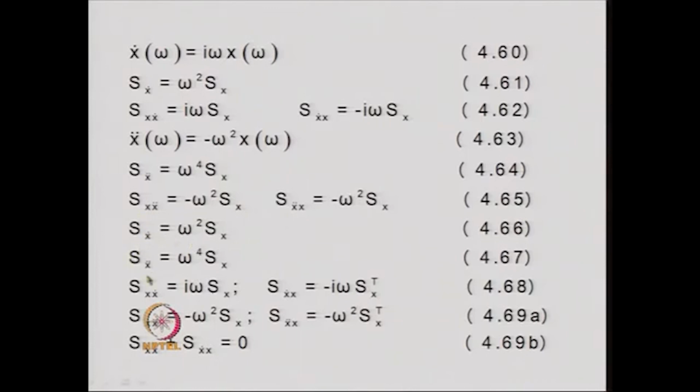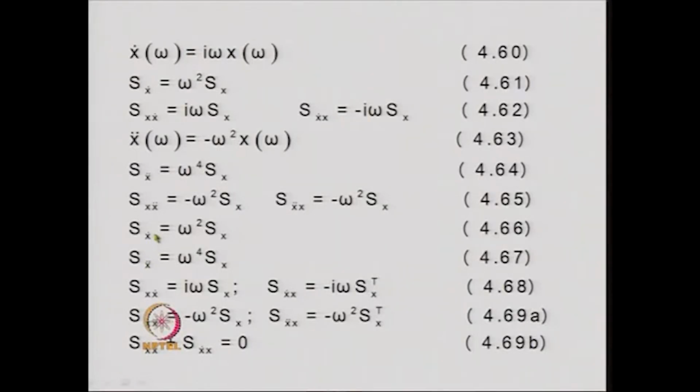Now, we are writing the same thing over here, but now the x is not a single random process, but is a vector of random processes, and then again the same relationship holds good, only the difference here would be that Sx dot would represent a matrix and Sx also would represent a matrix, and Sx double dot also would represent a matrix of the power spectral density function of the acceleration.